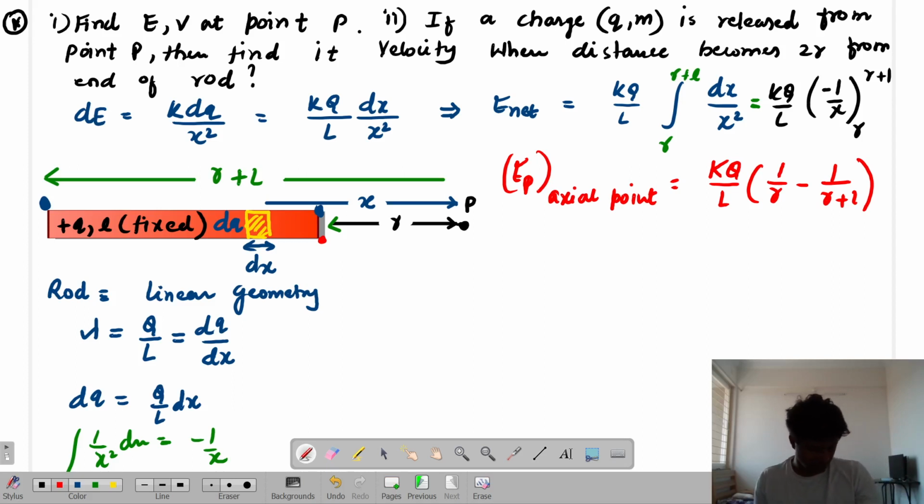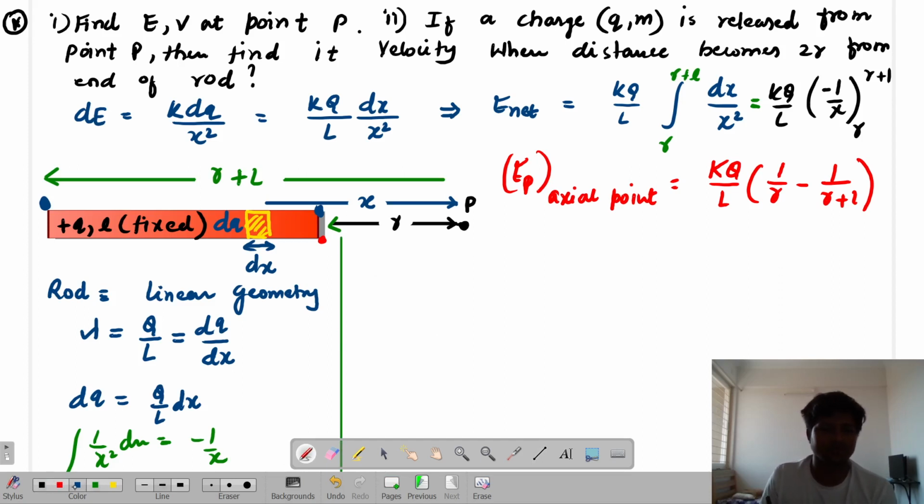What will be the potential? Many people will think that the potential is 1 by 4 pi epsilon naught times q by r, but actually that q is spread over this whole rod. So once again, I have to define my potential for a small charge, because for the full charge I can't define my potential.